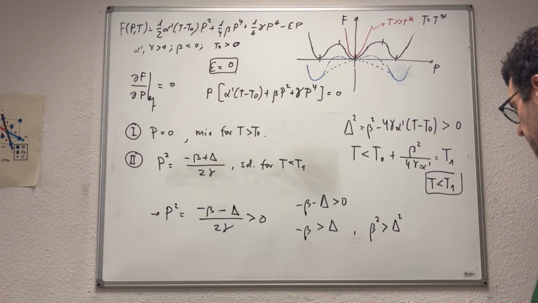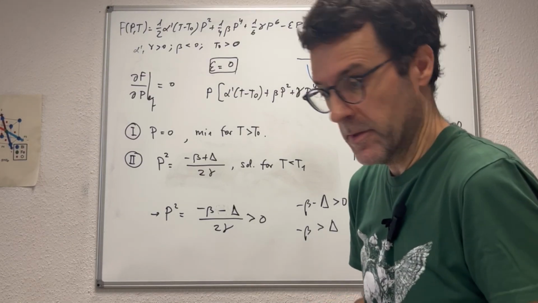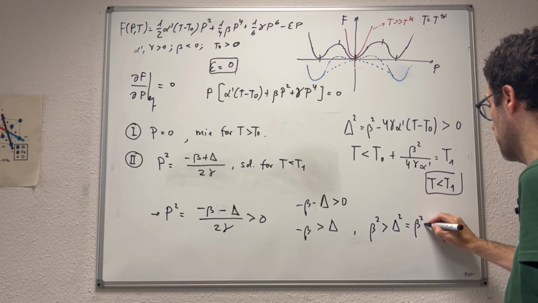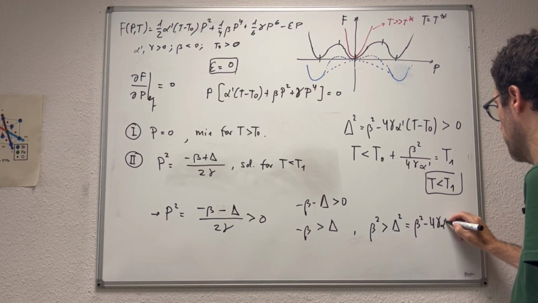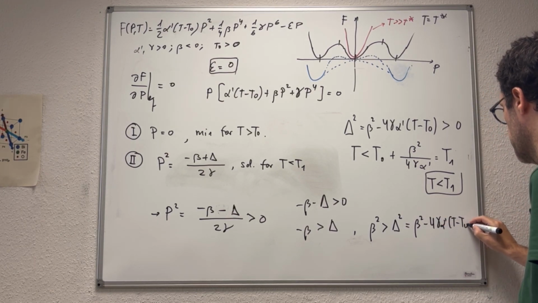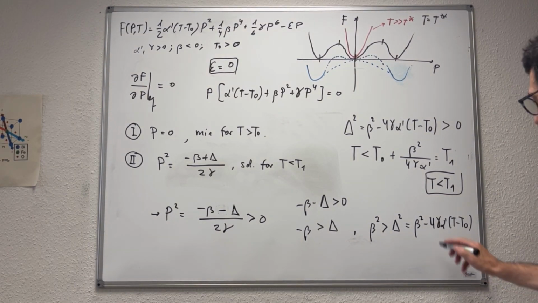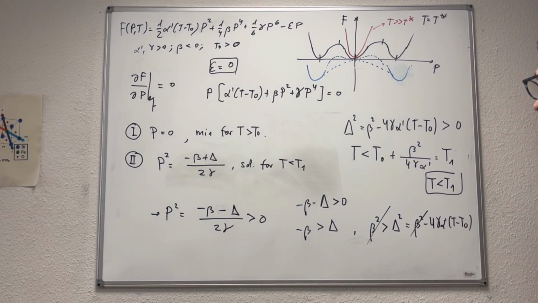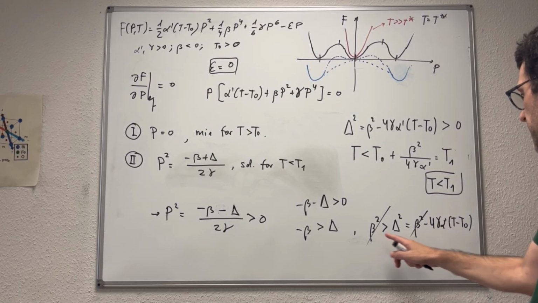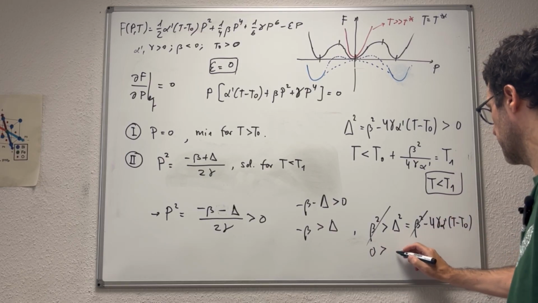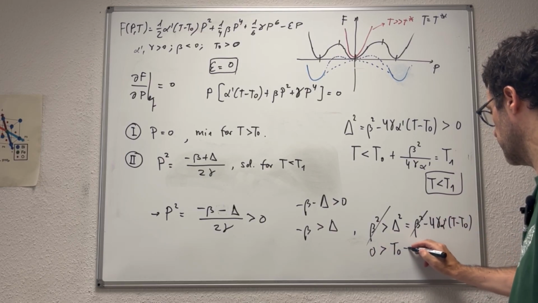So let's look at this one. This is very easy because delta square is actually beta square minus 4 times t minus t0. So these two I can remove by subtracting on both sides of the inequality. I can divide in both sides by this thing, and in the end I get 0 has to be larger than t0 minus t.